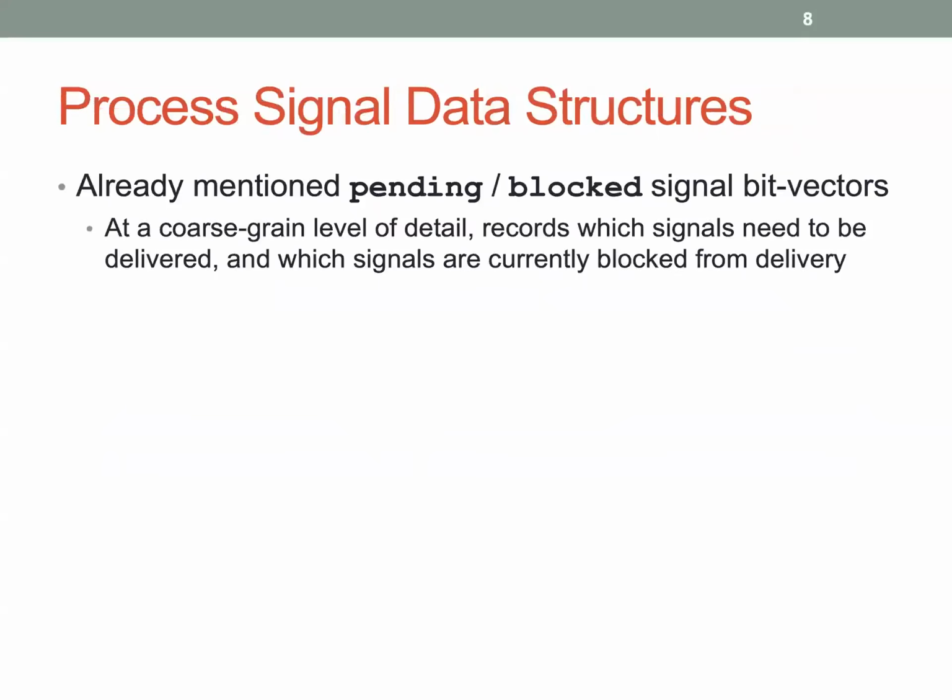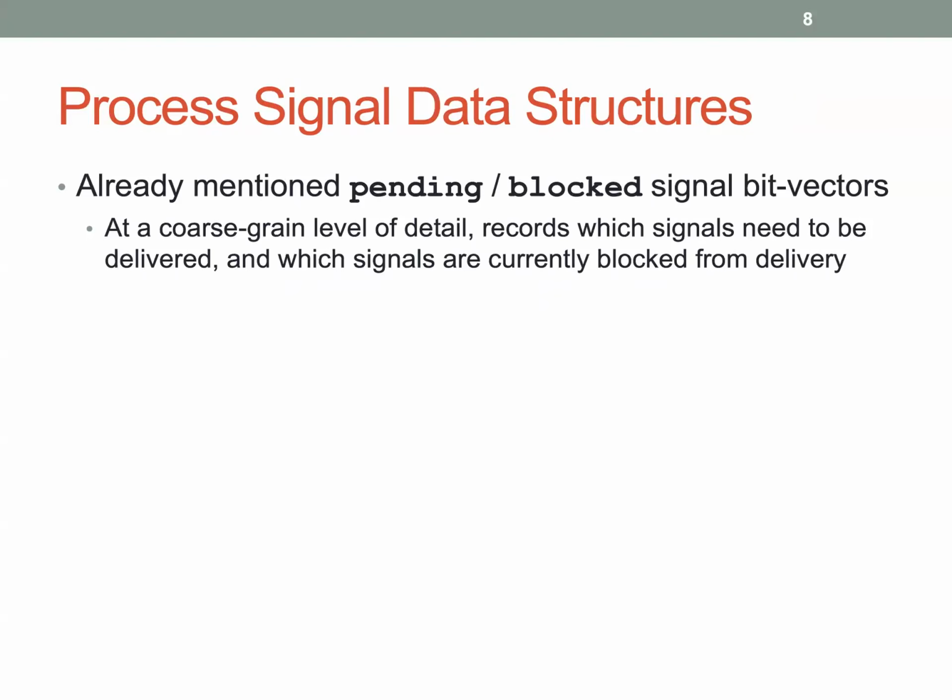Okay, the way that these signals are tracked inside the kernel is through a handful of data structures that are associated with each process. Just like you guys have seen kernel threads, and they have various data members that correspond to facilities that the kernel provides for threads or processes. There's some things devoted to signals as well.